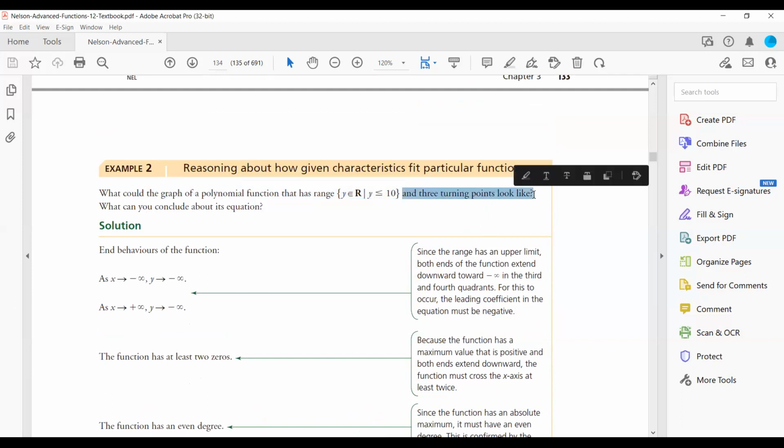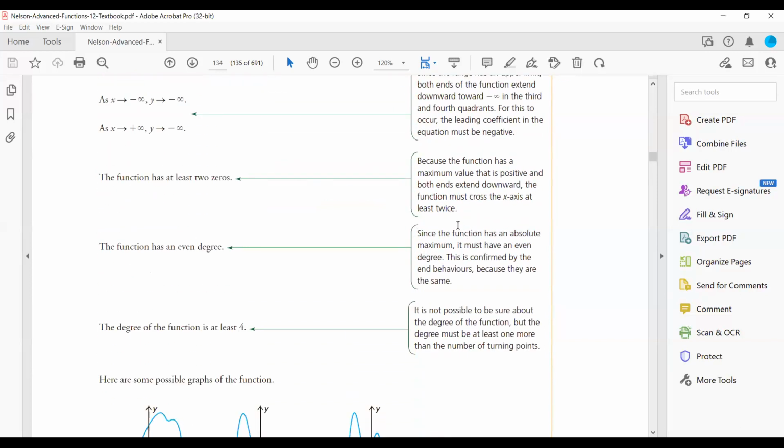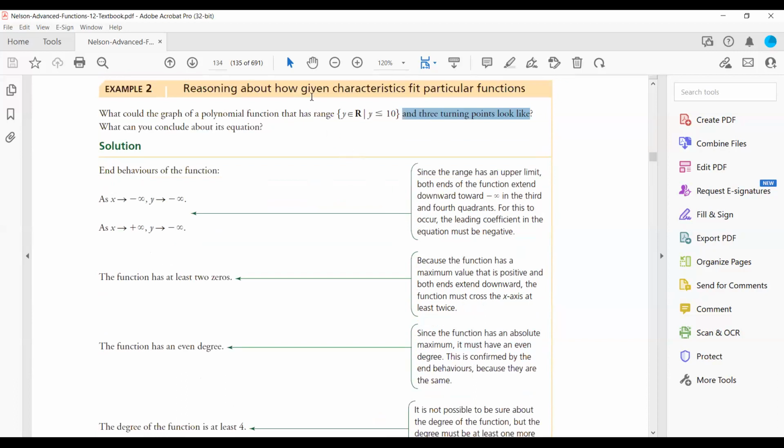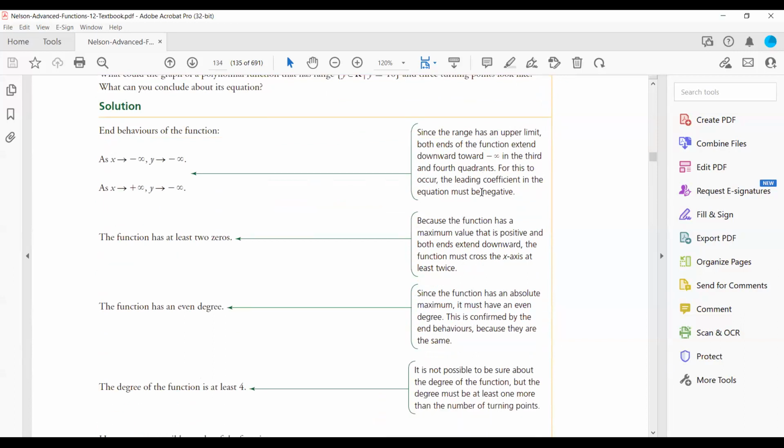Because in the problem they say the graph has 3 turning points. Okay, this explains a lot. So now, yeah, you can see 3 turning points. So we have to have at least degree 4 for this function.